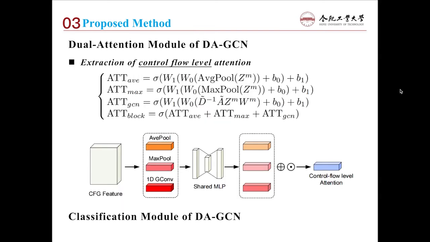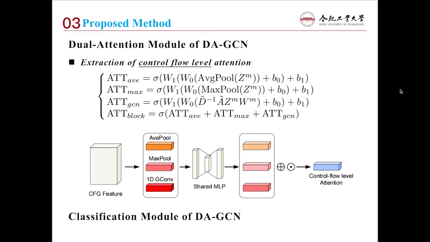When it comes to the attention at the control flow level, we focus on basic blocks that are more important for the vulnerability classification by assigning them greater weights. We take the CFG feature map obtained by performing all M graph convolutional layers on the control flow graphs as the input. We apply average pooling and max pooling on the channels of each node to better describe the relationship of different channels.